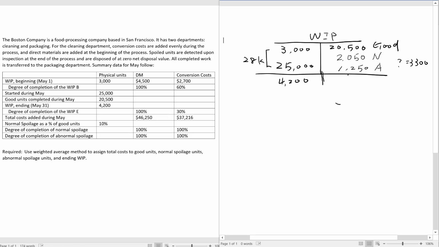After the physical units are determined, let's calculate equivalent units under the weighted average method. Again, I'm going to use the setup we used in Chapter 17, one column for direct materials and another column for conversion costs.